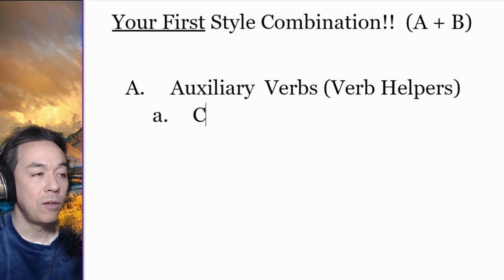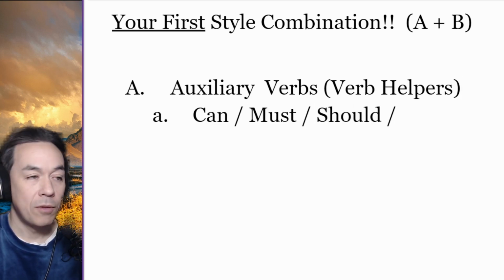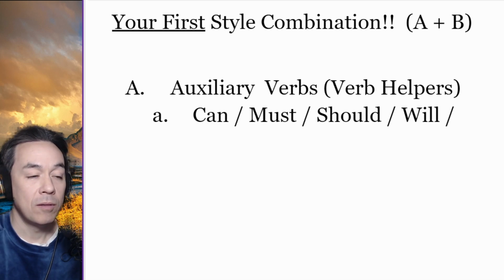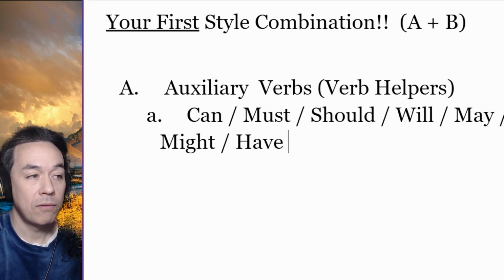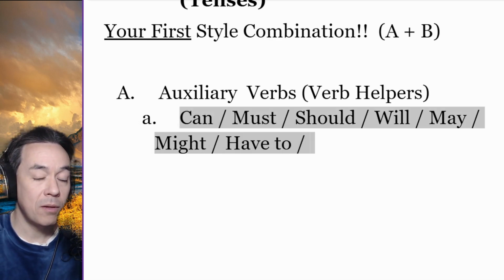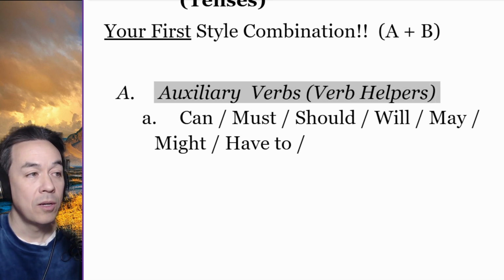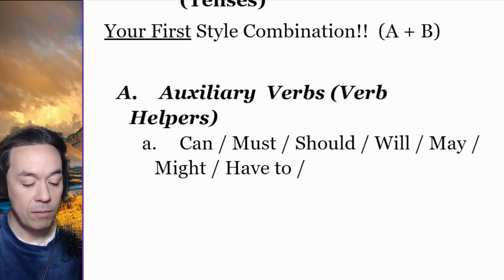And these are the words, can or must or should. There's many, will, may, might. I'll put have to in there too. But probably this is enough. Okay, so this is a mini review of this first style.